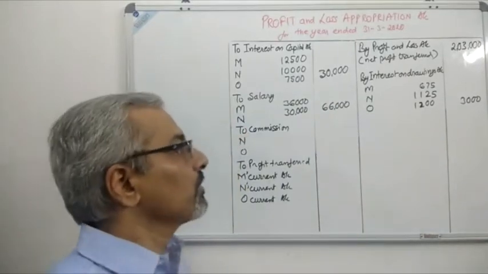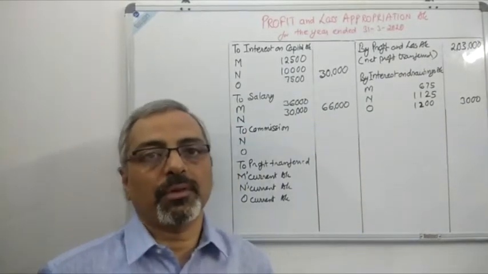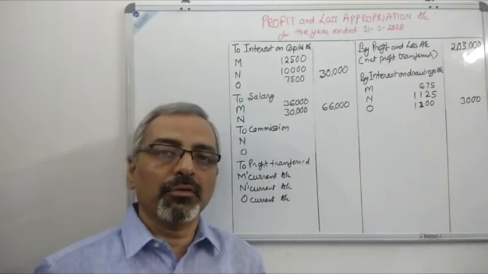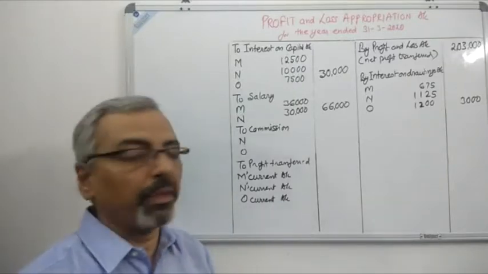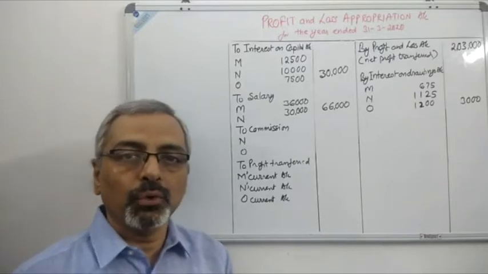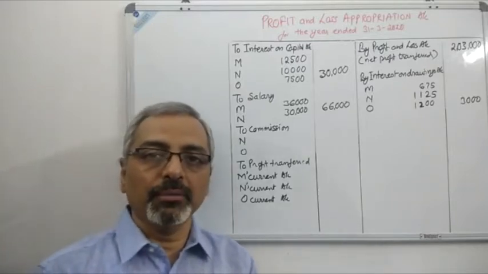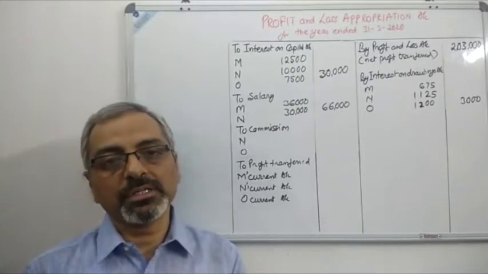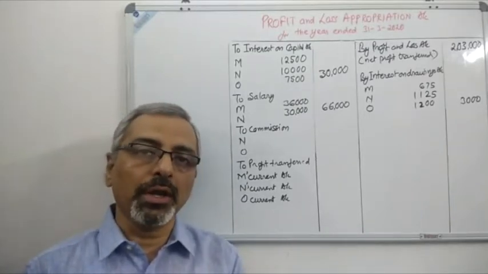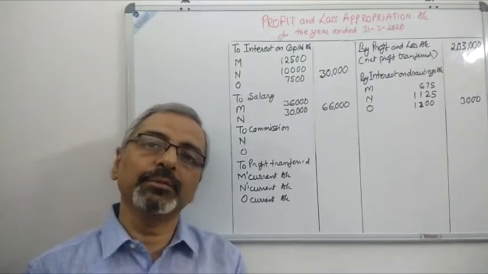Now comes the most important part of the question. If you read the question carefully, you will know that the commission has been paid to N and O, and both have been given a commission of 5% after charging all interest, salary and commission.